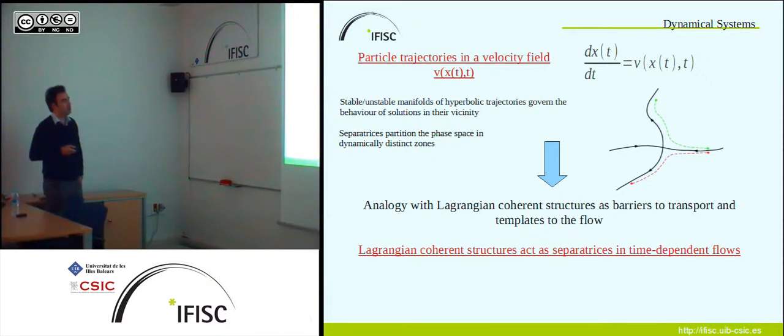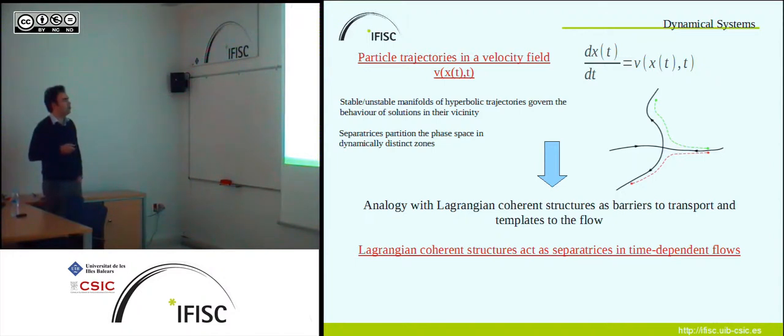And that way, these stable and unstable manifolds induce coherent motion of particles in their vicinity, and they also connect as separatrices that partition the phase space in dynamically distinct zones, meaning that fluid here will behave in a different way than fluid, for instance, on the other side.